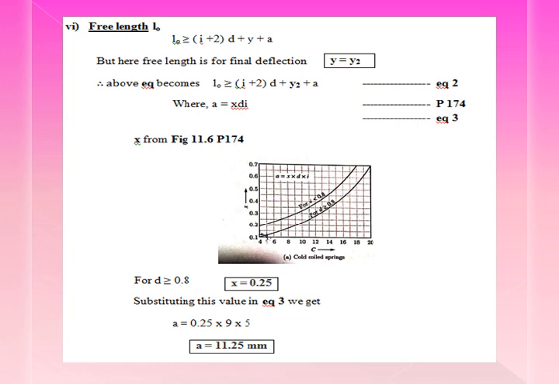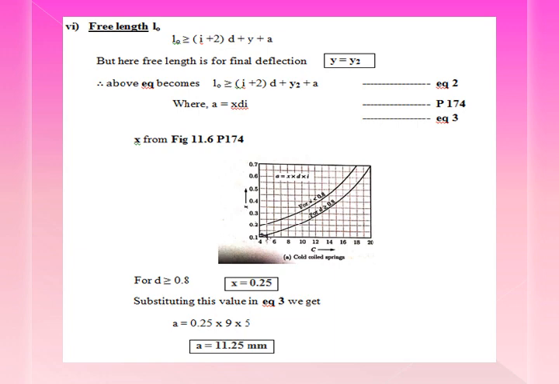Now x we have to get, and that will be obtained by using figure 11.6, page number 174, that is shown in this particular picture. For d, here we got the value d equal to 9 mm, so we are supposed to refer to the curve d greater than or equal to 0.8, that is the below curve.